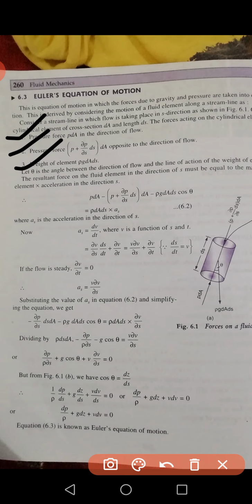If we consider that the flow is in the direction of the line of action, we will consider this angle as theta.